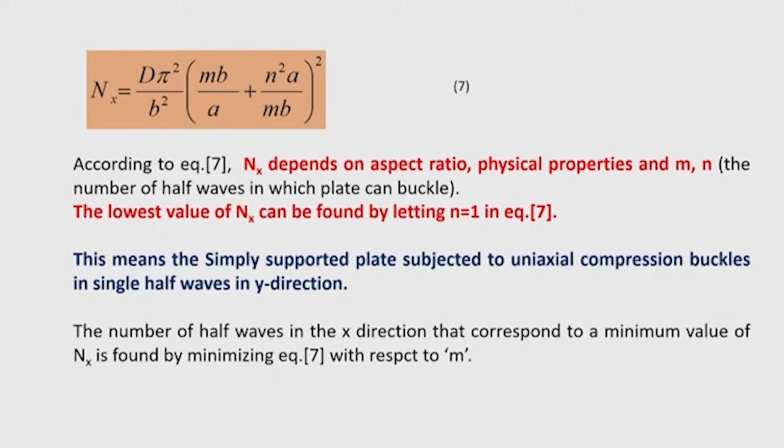So, you can see here the lowest load n x for the half wave in x and y direction is possible when n is 1. Okay. So, by inspection it is possible to tell that n equal to 1 gives the buckling load, but still we do not know what is the m, number of half waves in the x direction.